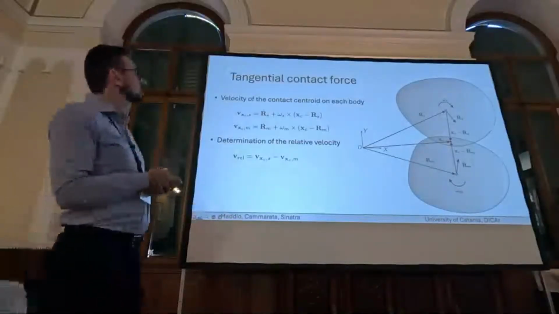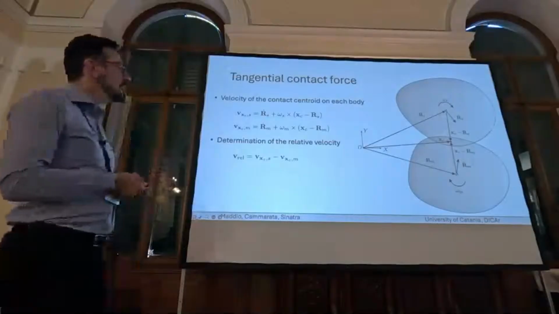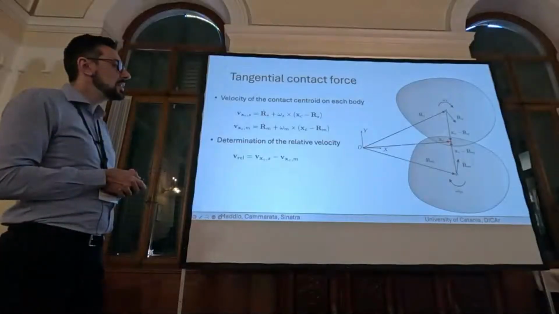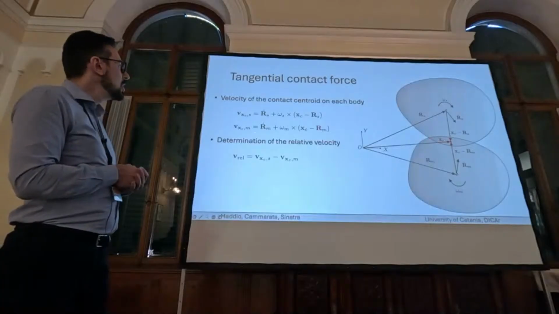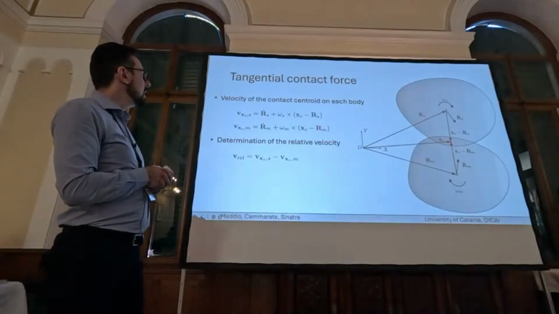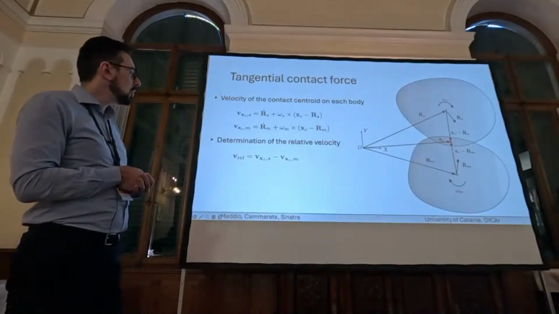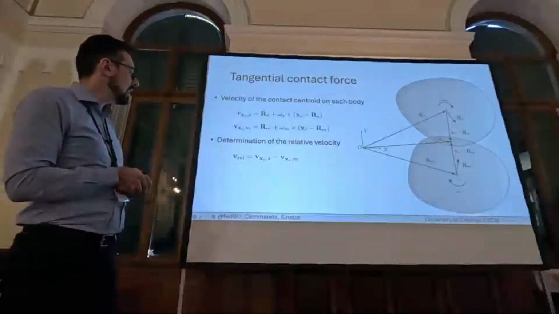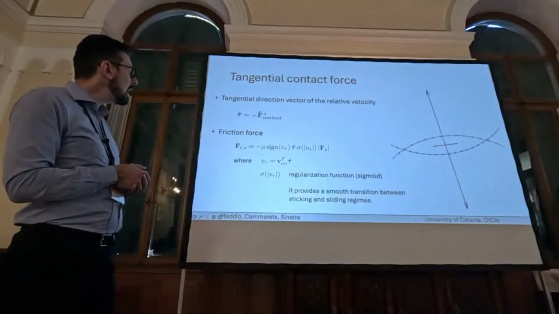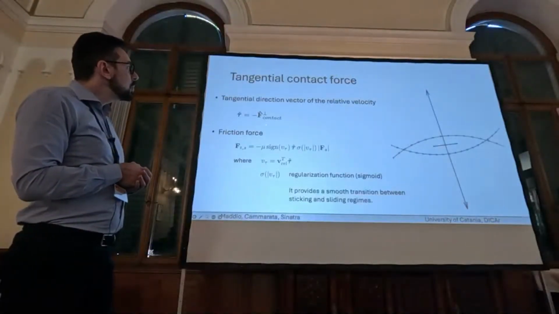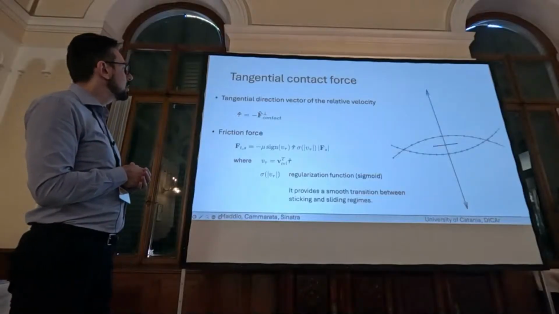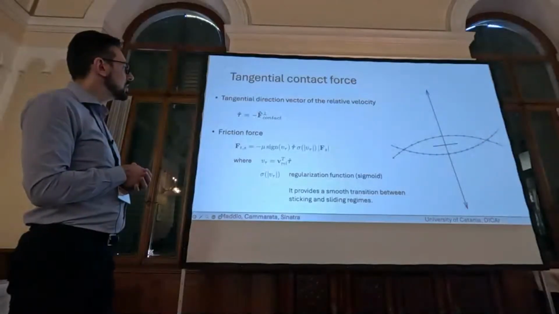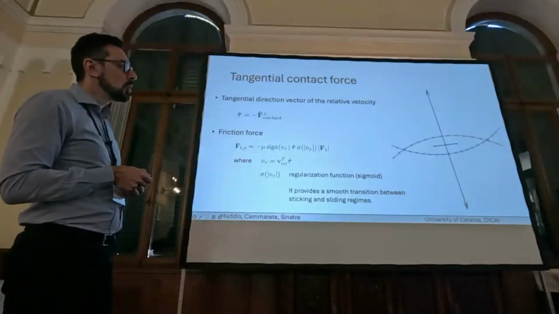So then we also applied the formulation for the tangential contact force. In this case, we need to find the relative velocity of the centroid over the overlapping area. So we find the velocity with respect to each body, and the difference is the relative velocity. And we compute the versor, the unit vector of the global contact force. It is orthogonal to the normal one.